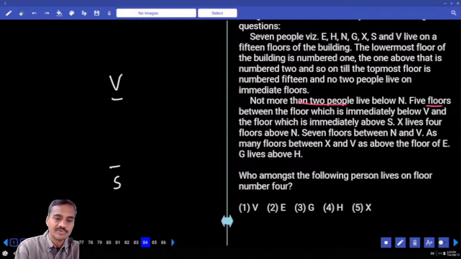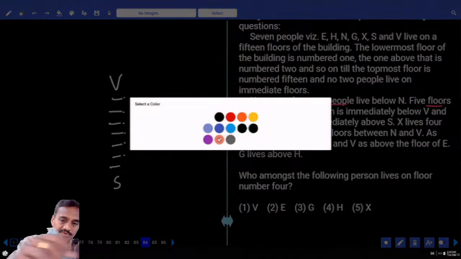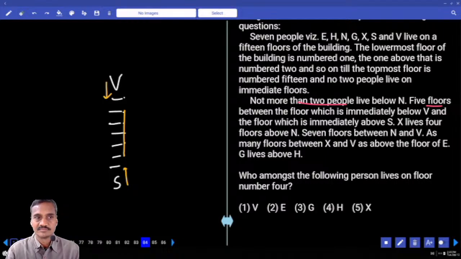Now in between how many floors are there? 1, 2, 3, 4. Then what is the possibility we have? And 1, 2, 3, 4, 5, 6, 7 floors in between. Are you getting this one or not? Immediately below V and immediately above S, in between these two, there are exactly 5. Are you getting this one or not? How many possibilities we have here?